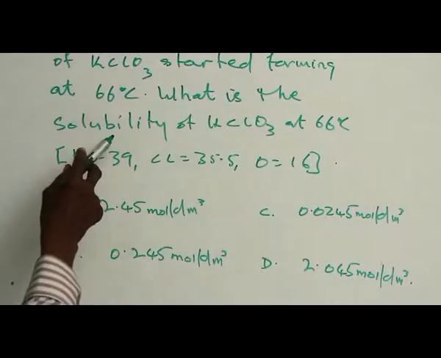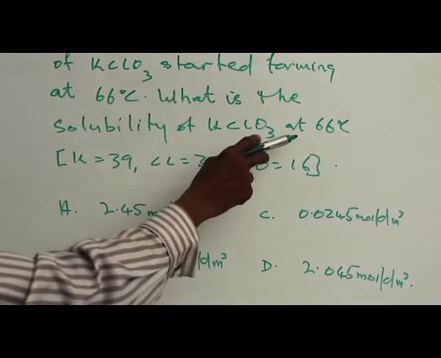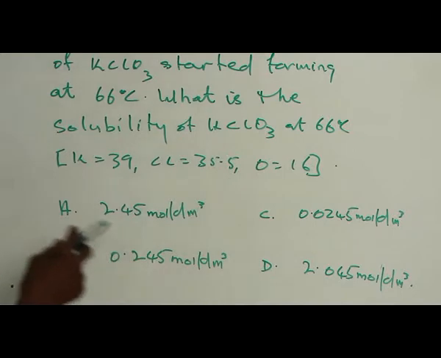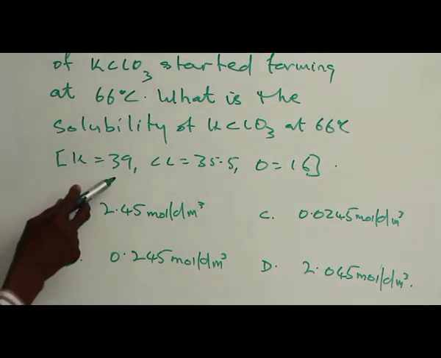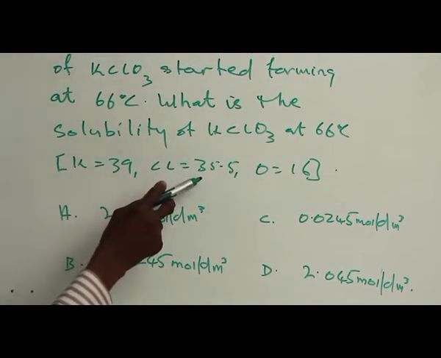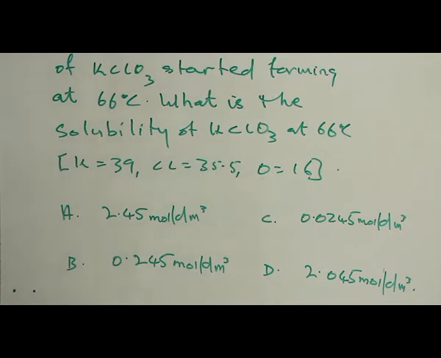What is the solubility of potassium trioxochlorate(V) at 66 degrees Celsius? We are given the relative atomic masses: potassium is 39, chlorine is 35.5, oxygen is 16. The options are as follows.